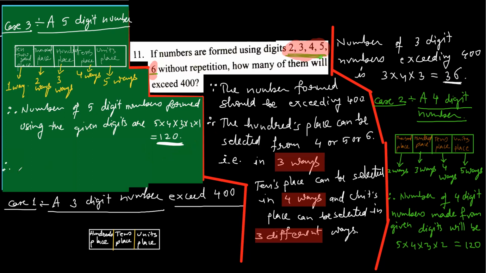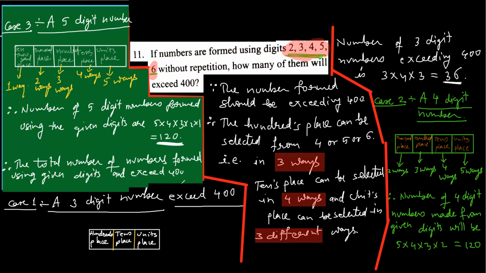So you will write therefore, the total number of numbers formed using given digits and exceeding 400 are, what are you going to do?